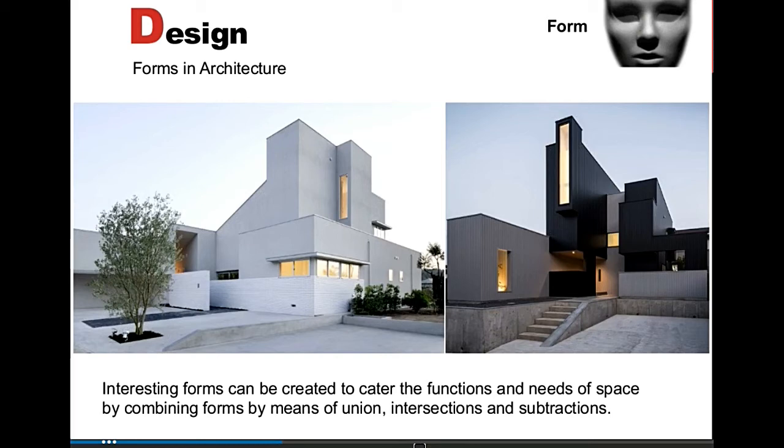Interesting forms can be created to cater to the functions and needs of space by combining forms by means of union, intersections, and subtractions. This is where your additive and transformative method comes in designing this kind of forms or shapes in architecture.